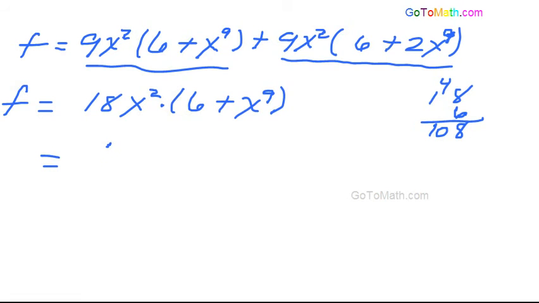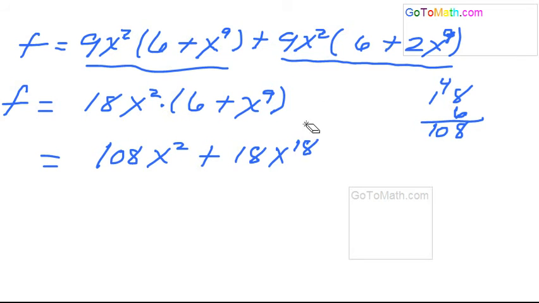Okay, so we have 108x squared plus, and of course we're going to have 18x. Now remember, we just add these exponents together, so this becomes 18, not multiplied. 9, 10, 11. Add them, not multiply, add them.